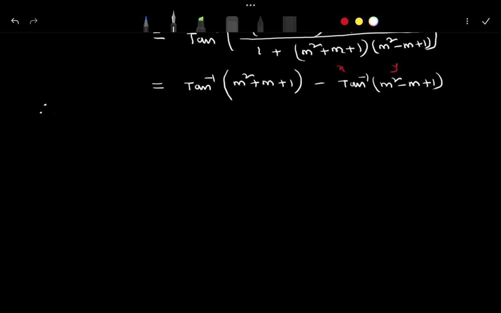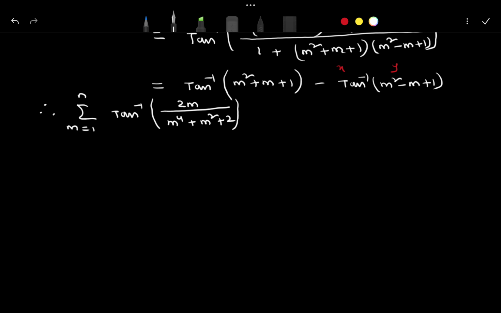Sigma m equals 1 to n tan inverse of 2m whole divided by m power 4 plus m square plus 2. So what is the value of this one?